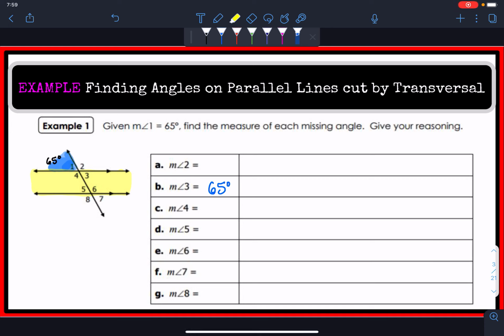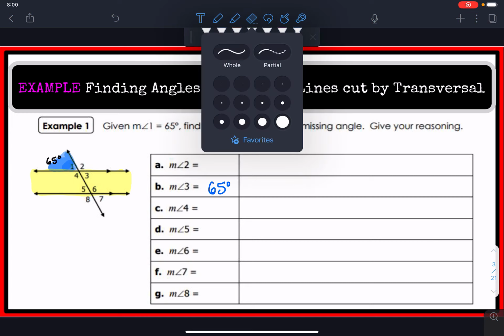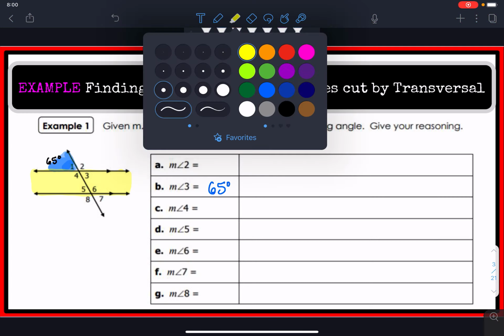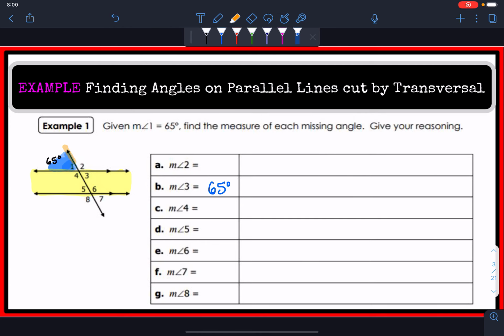So that's angles 3, 4, 5, and 6. And we have our outside exterior angles, the ones that are above or below the parallel lines. And we can now create other things. We have also our transversal. Our transversal is this line right here.